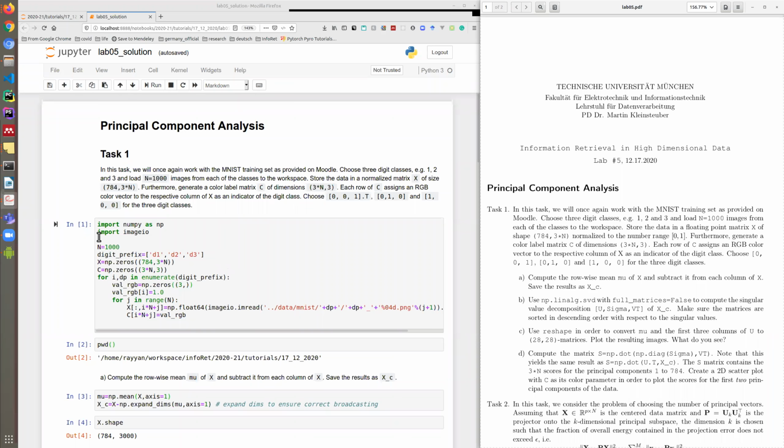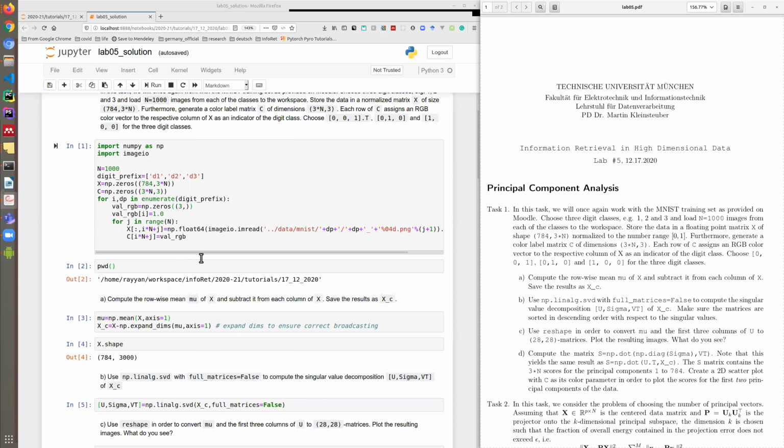Here is the normal code, where we have simply chosen three digits, 1, 2 and 3, following the directory pattern that we have, and we load 1000 digits from each class. That's all this code is doing.